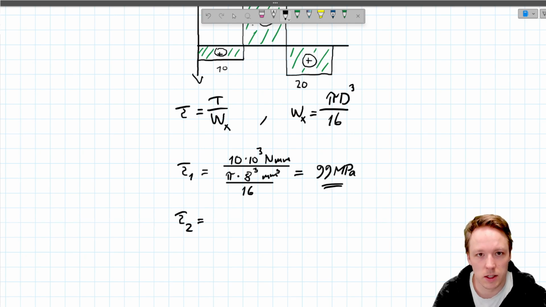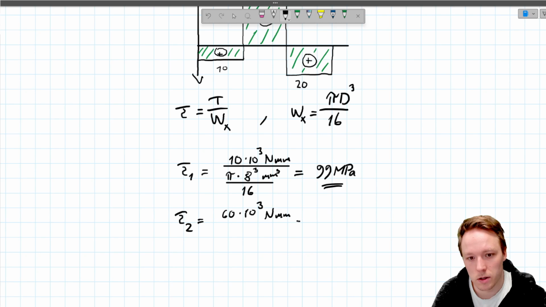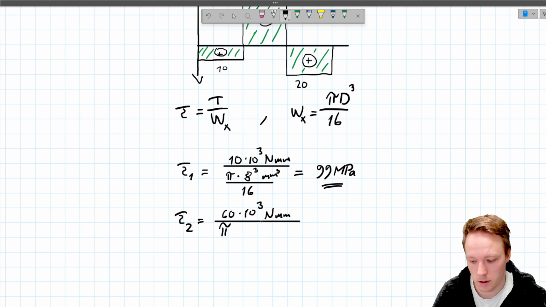Then tau 2, the internal torque was 60, so it's 60 times 10 to the power 3 Newton millimeters divided by pi times 15 to the power of 3 millimeters to the power of 3 divided by 16.